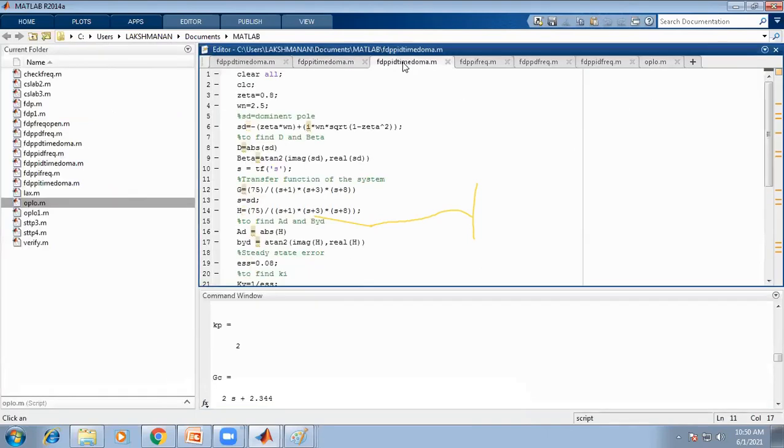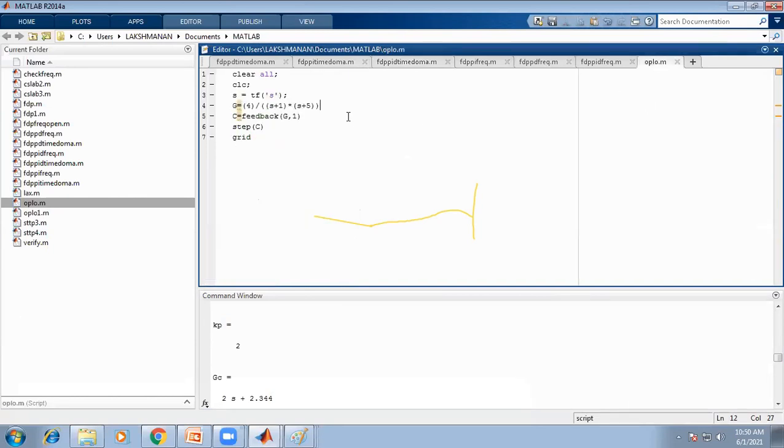Then the PID controller. Now we are checking the closed loop response for the PID controller. Here I'm using 75 divided by (s plus 1) into (s plus 3) into (s plus 8). Now I'm checking the closed loop response.